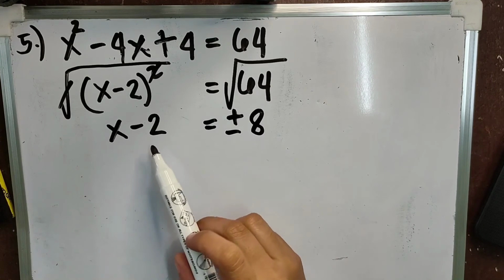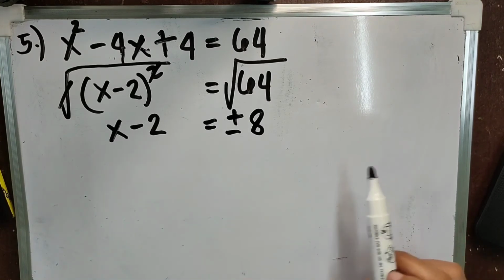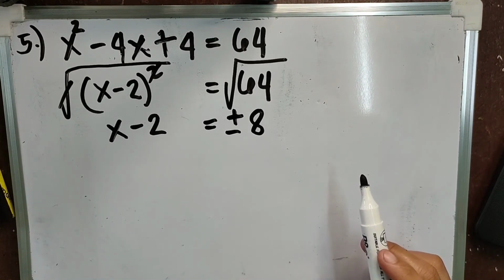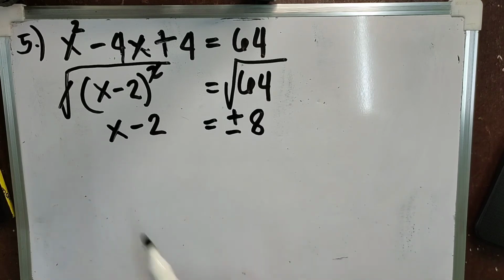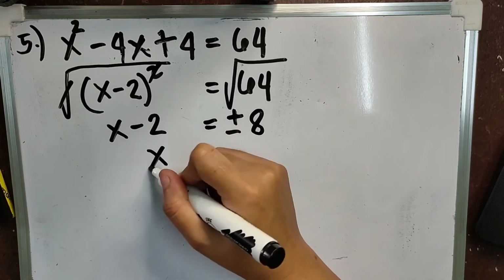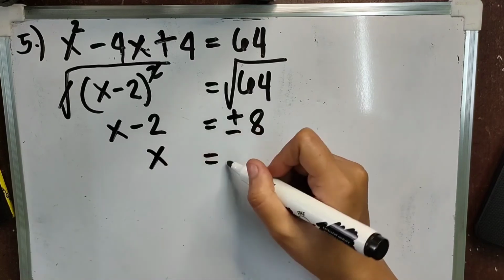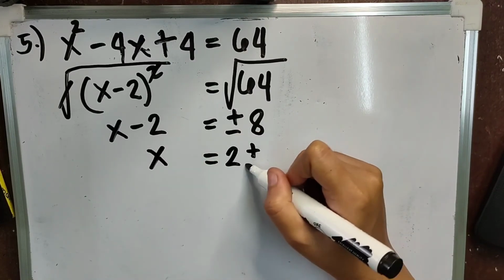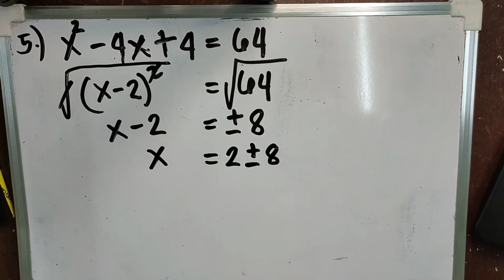And then transpose the negative 2 to the right side so that what remains is the variable only, which is x. So we have x equals positive 2 plus minus 8.